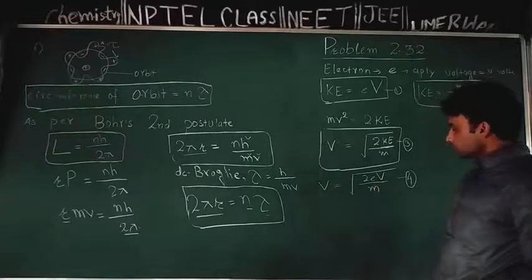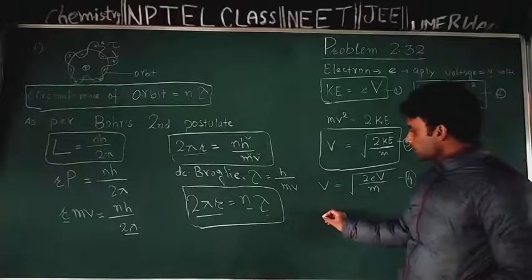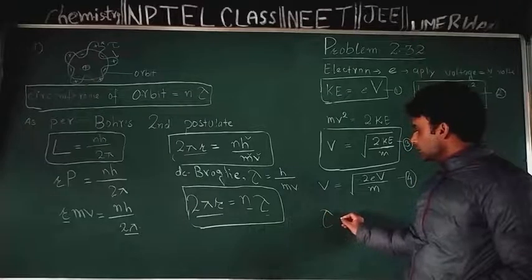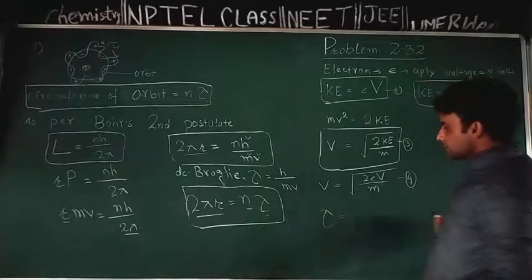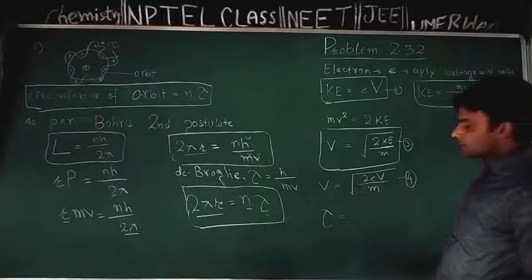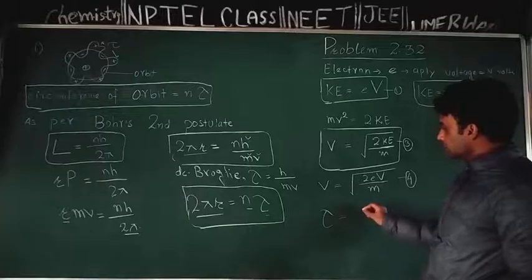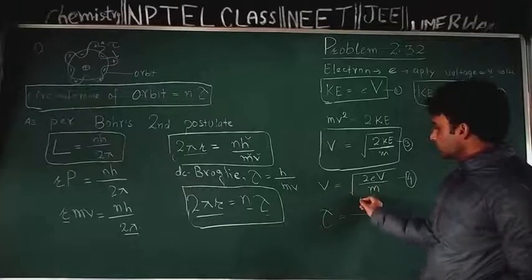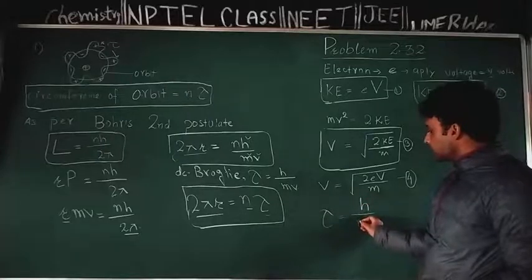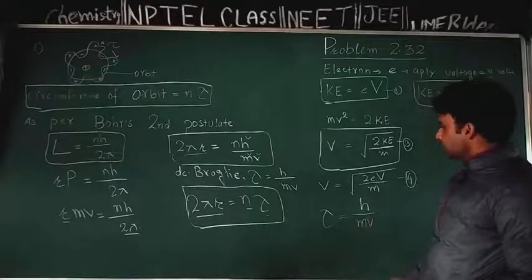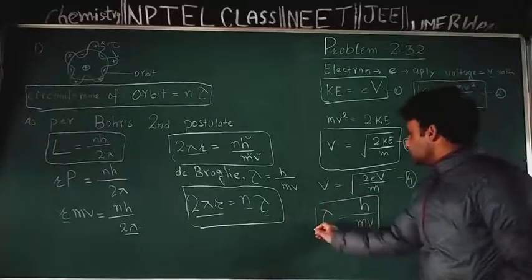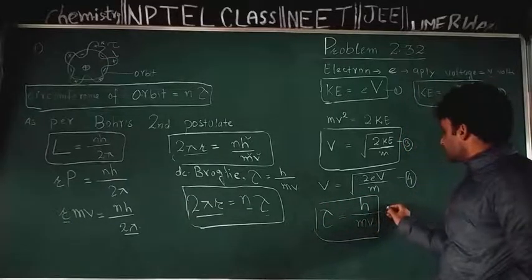Now as per de Broglie's relation, lambda, if I need to calculate the wavelength, because here in this part second of the problem I need to calculate the wavelength of the electron wave. The wavelength of the electron wave is calculated using this equation. Wavelength is equal to h by mv, and this I will label as equation 5.